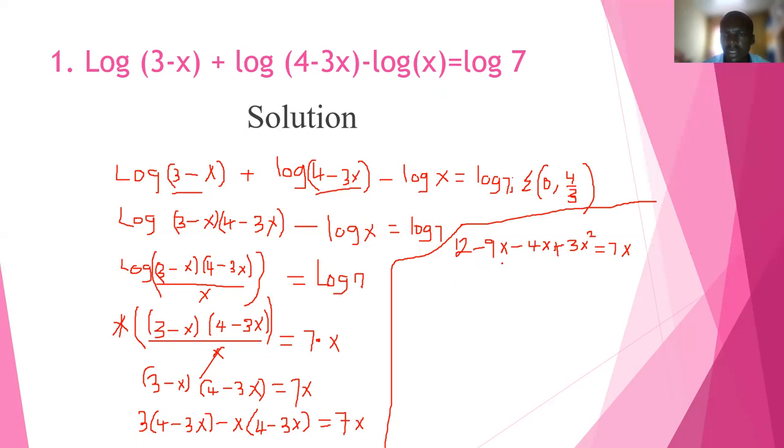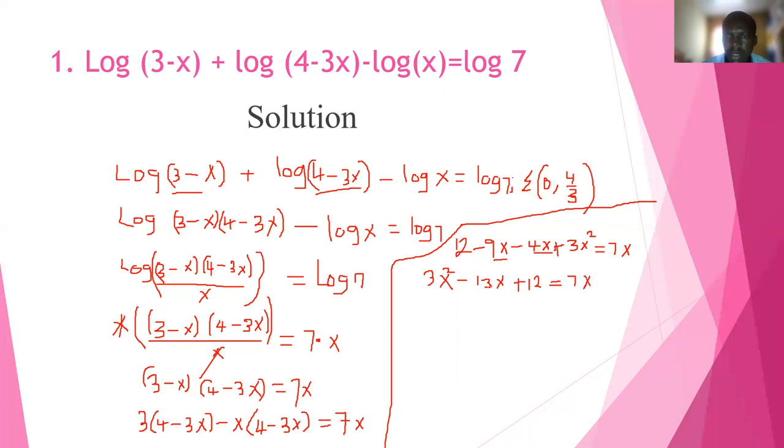Now let's collect the like terms, this and that. So we can either begin with that because it will be a quadratic equation. We'll have 3x squared, sorry, minus 13x plus 12 is equals to 7x.